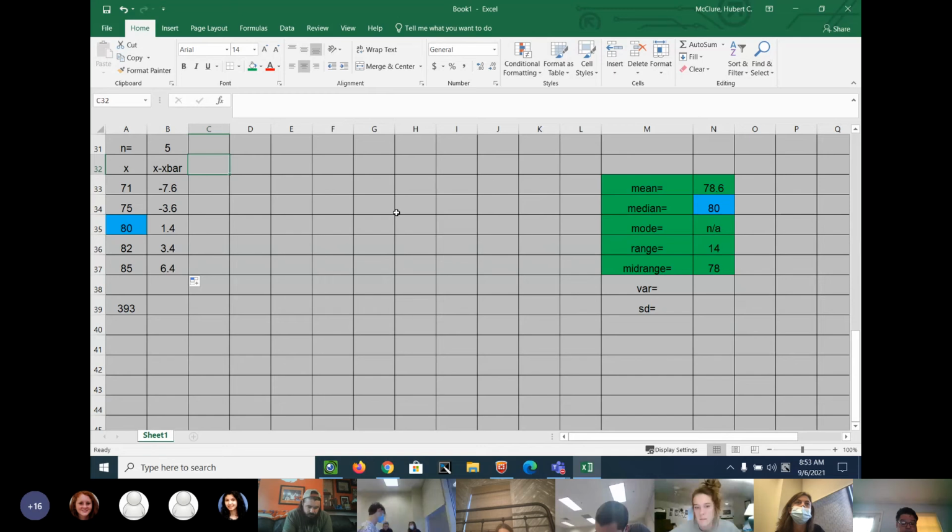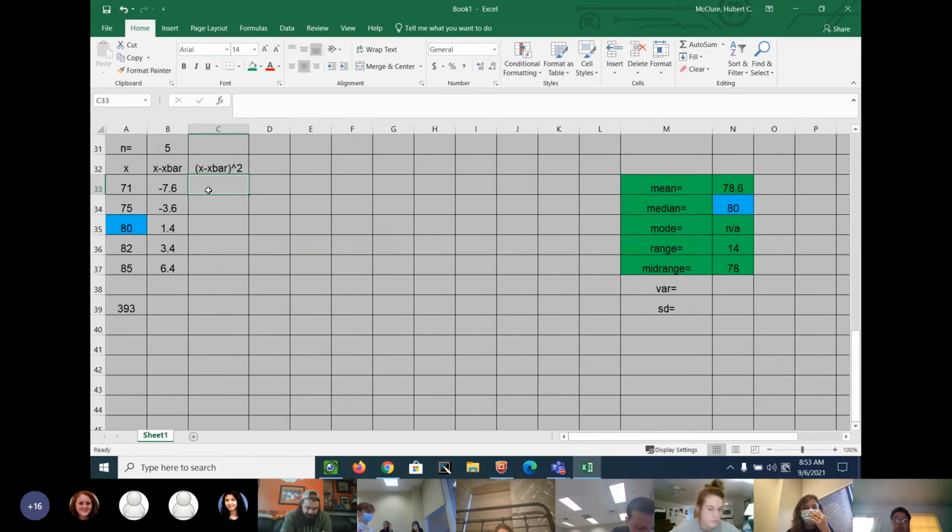And the next one is going to be parentheses x minus x bar, close parentheses, raised to the second power. Again, you got to read your formula. I'm going to give everybody a second or two to catch up. So this is how you do it by hand. Even though I'm doing it on technology, you're doing it by hand.